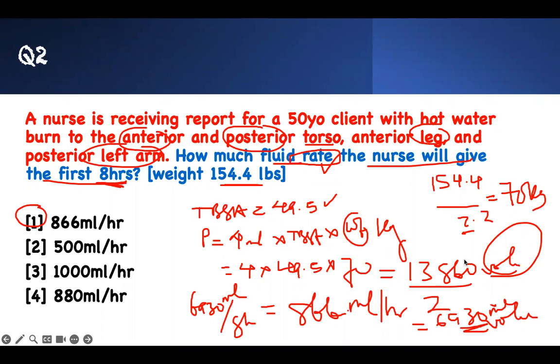And then that volume you get, you divide by 8 to get the rate. If they ask you to calculate the rate for the 16 hours later, it's the same thing: 6,930 divided by 16 hours. That's later on, so the fluid rate will change. So that's how you do it.